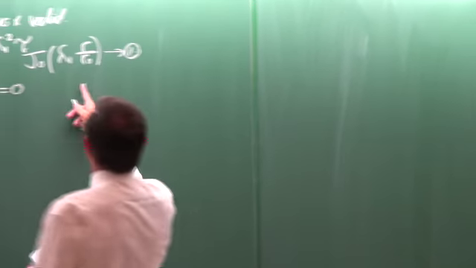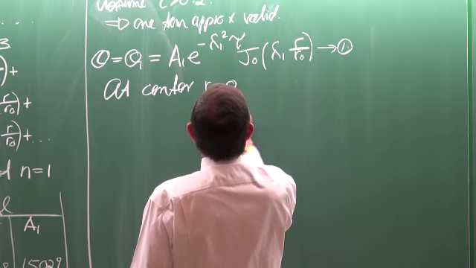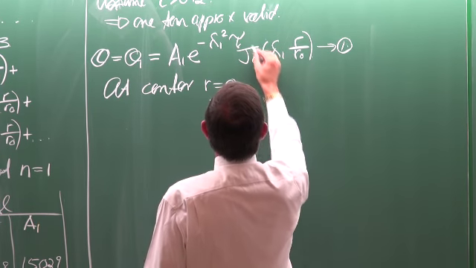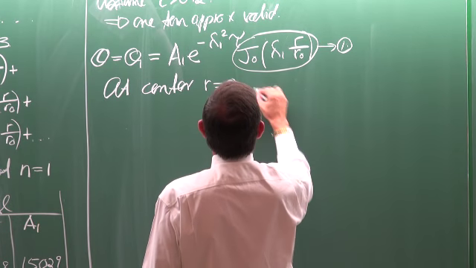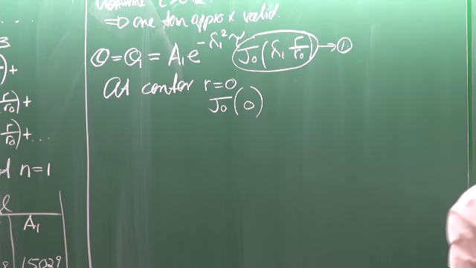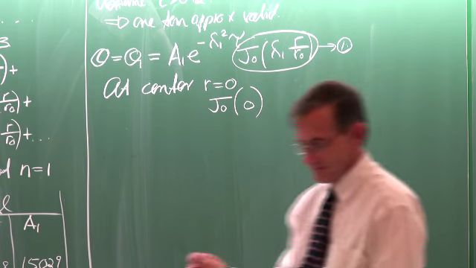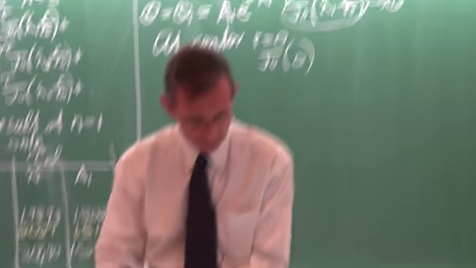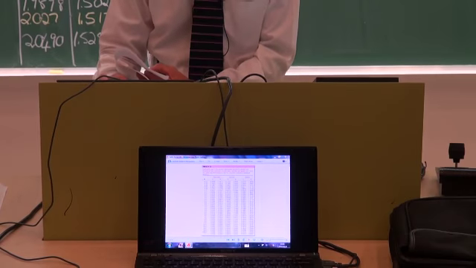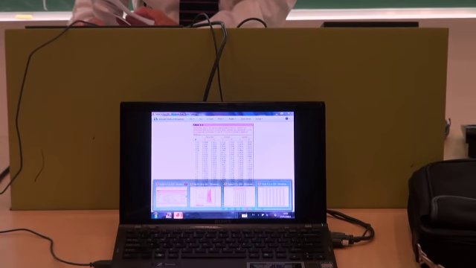Which then means that this part must be J0 of 0, the first Bessel function. Let me see if I can get that quickly for you.